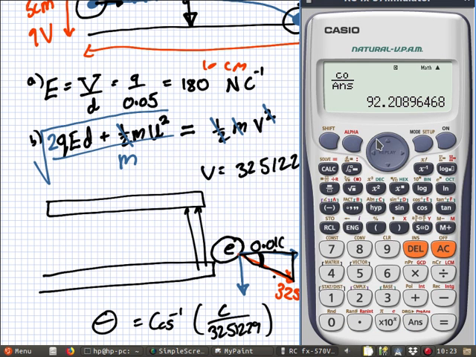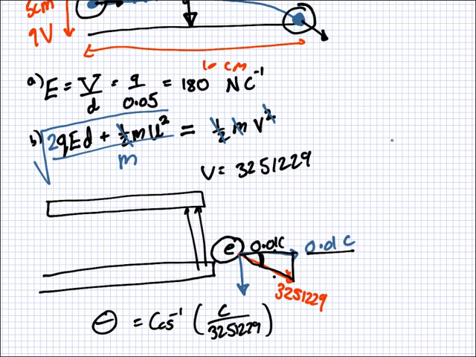Let me go back to that calculation. 2, correct. E, correct. 180, correct. 0.025, correct. Mass of electron, correct. 0.01 squared, correct. Mass of electron, correct. 3251229. Cos is adjacent.